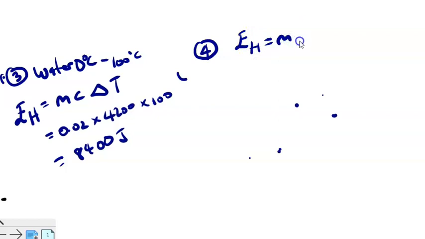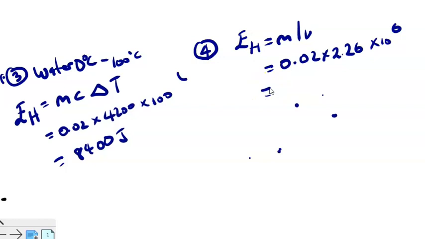And that's going to be latent heat of vaporization. Keep on writing fusion. And that's going to be 0.02 times the specific latent heat of vaporization of steam. This constant should be given in the question, so we don't have to worry about that constant.